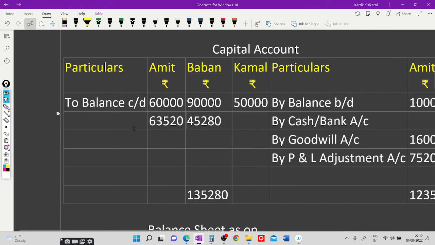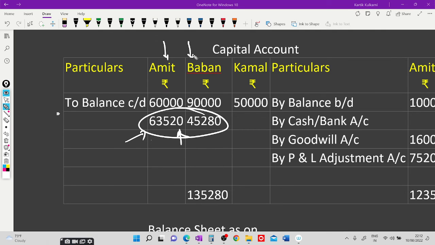Now these both balancing figures indicate the differences. Here in this case we can find that the old partners' actual capital is much more than the proportionate capital, by 63,520 for Amit and 45,280 for Baban.